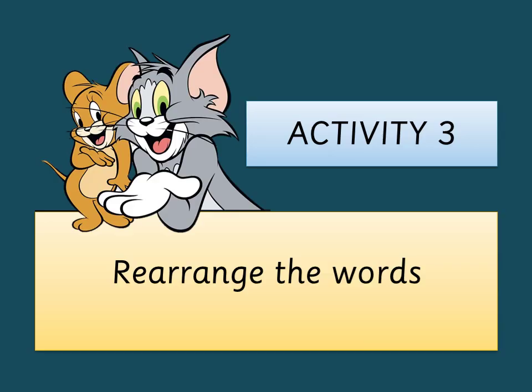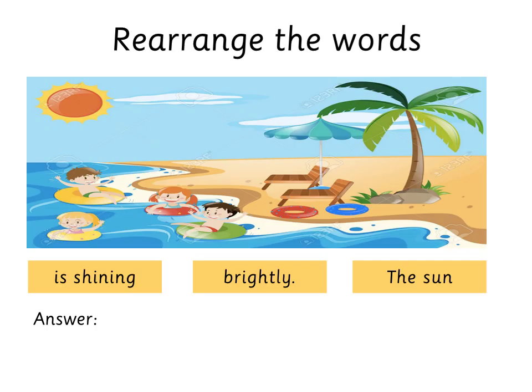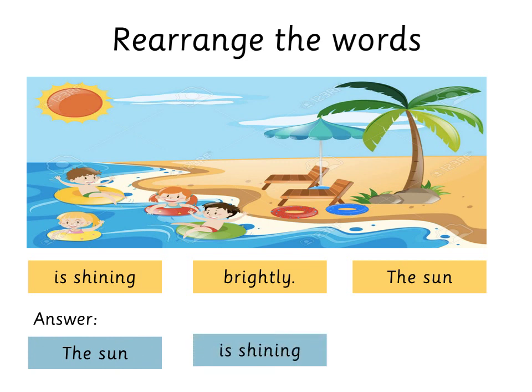Okay, our last activity is activity 3. You are going to rearrange the words. Now, I give you one example here. There are 3 options. Is shining brightly the sun? So the answer is the sun is shining brightly.